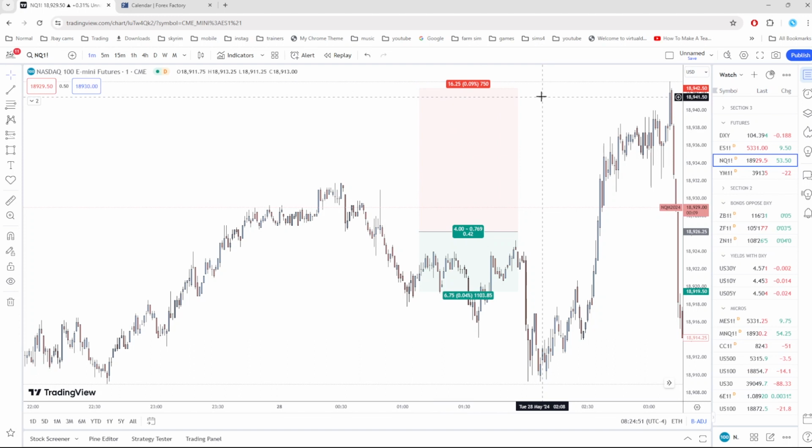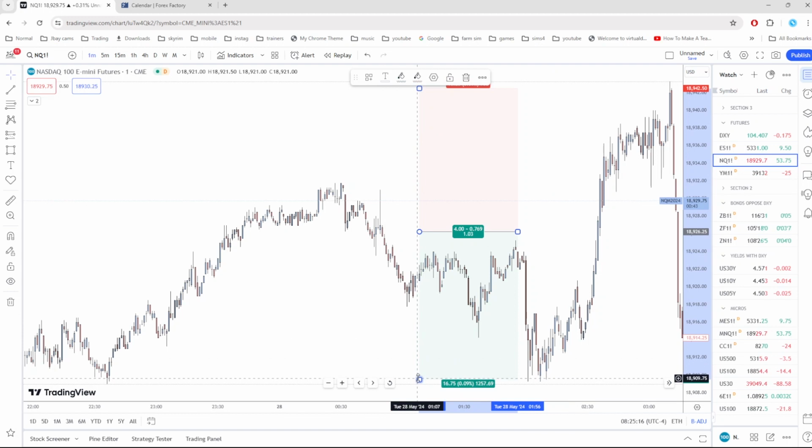That's about 4 handles. You get about four ticks equals 1 handle. So that's about 4 handles that you would have as a stop. And then you are targeting, let's say you target for the sake of convenience, you would be targeting 10%.